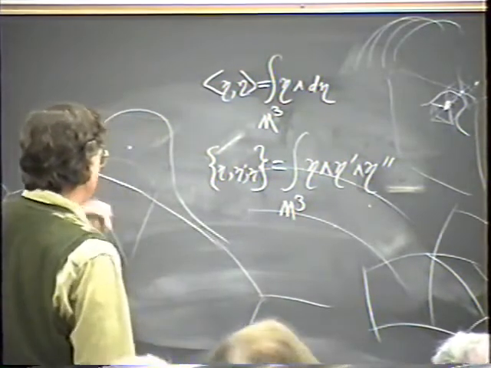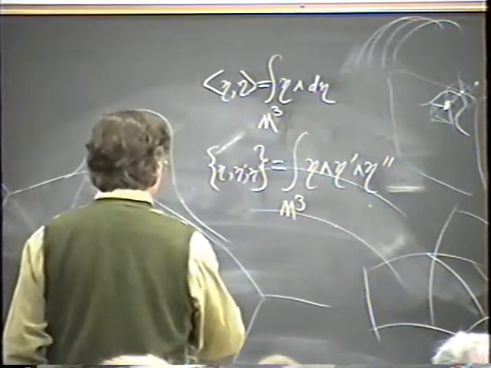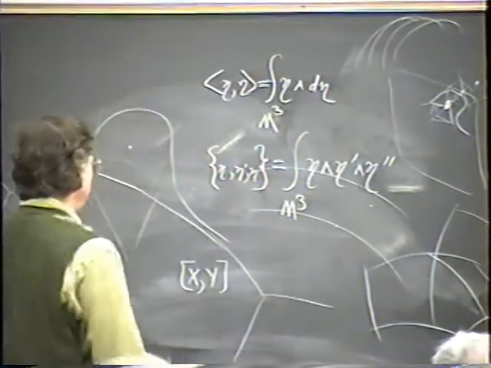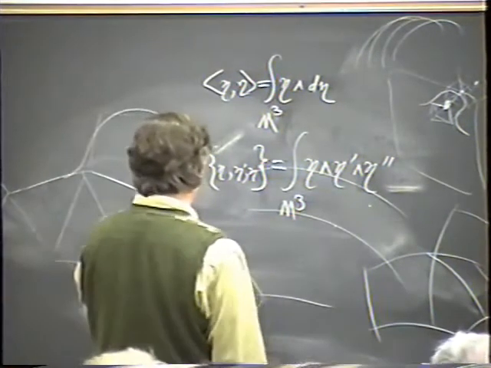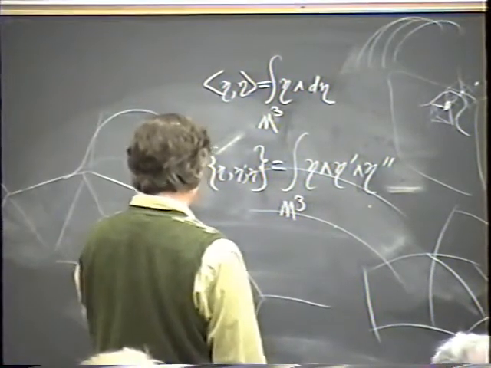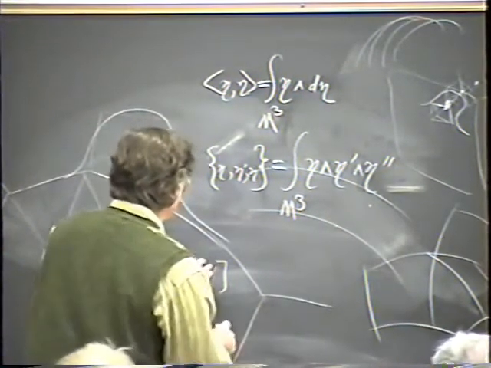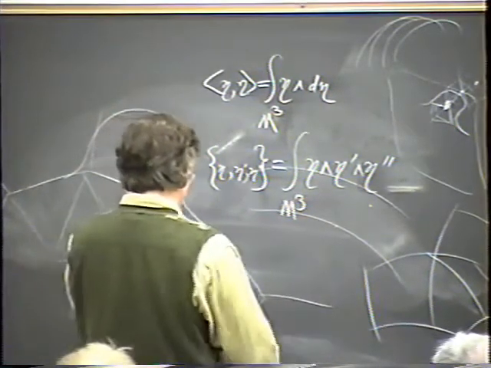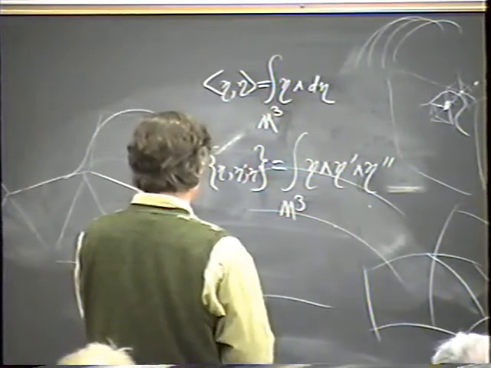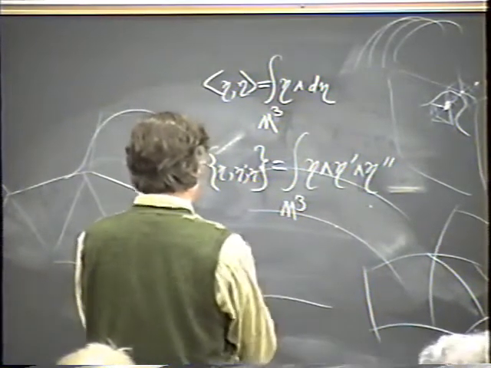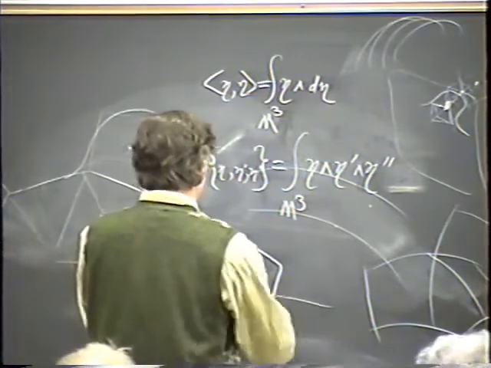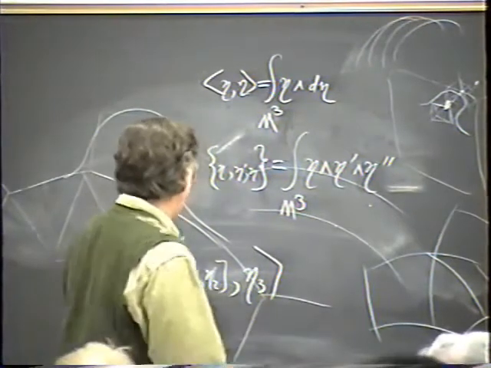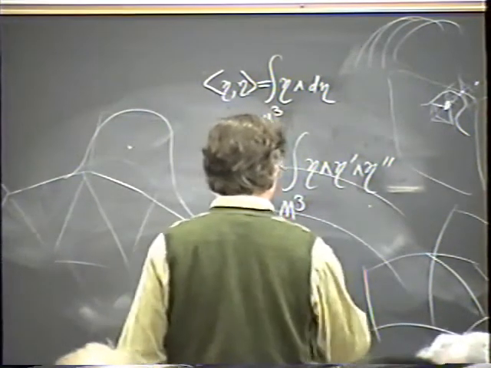Then if you use the metric to define a bracket of A1, A2, by saying that this quadratic pairing applied to these two should be equal to this.